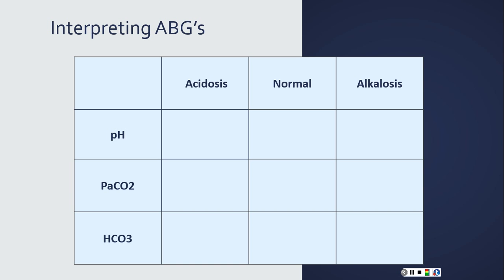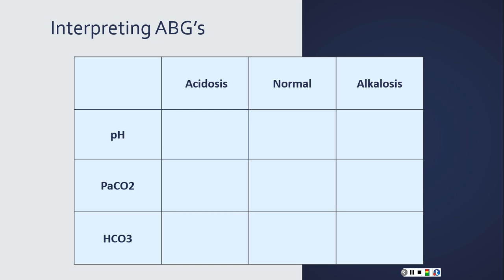Let's say I've got a pH of 7.34, a CO2 of 46, and a bicarb of 27. So pH 7.34, CO2 46, and bicarb of 27.